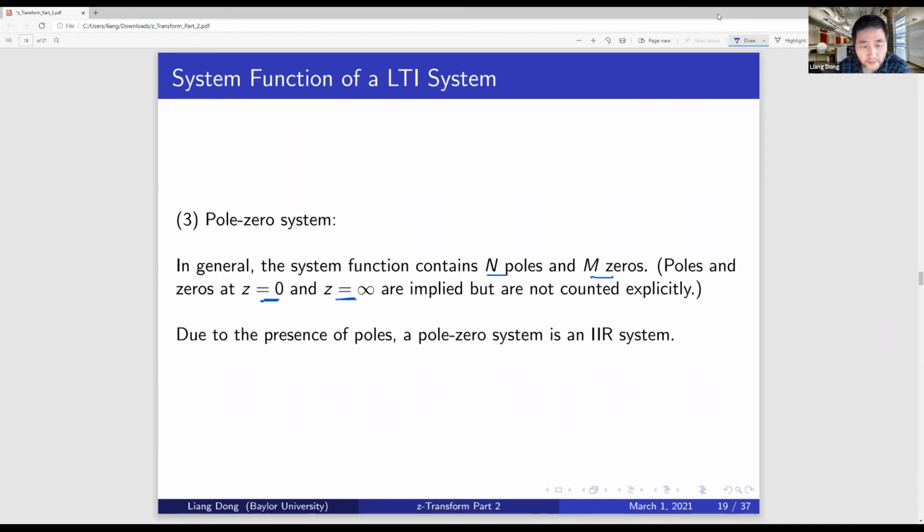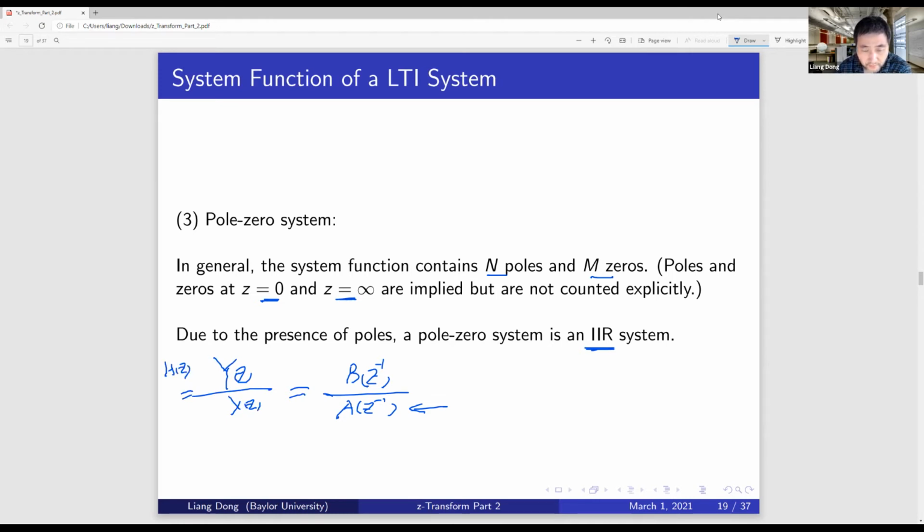Due to the presence of poles, a pole-zero system is an IIR system. It's an infinite impulse response. Because I have poles, I have a denominator. The poles are generated by the A(z) term. And that is the feedback, because Y(z) over X(z) is my H(z).